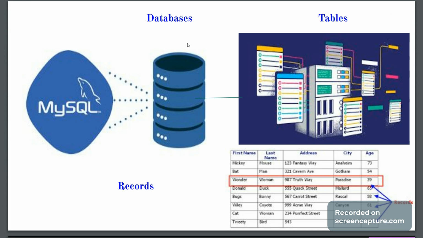Each record is a collection of columns, and in each column we can have the value of different data type.